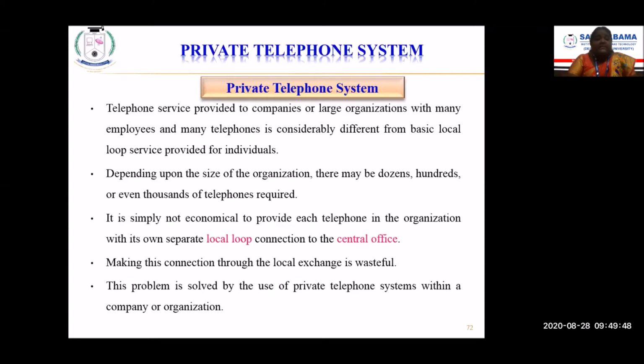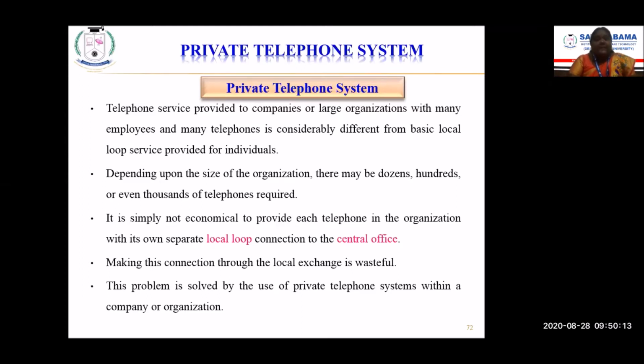It is not simple and not economical to connect each telephone in the organization to the local loop, because in our institution itself we have intercom connections, is it not? Many departments are there, and each department will have at least 5 to 6 intercoms with dedicated lines. Each and every line cannot be directly connected to the central office.